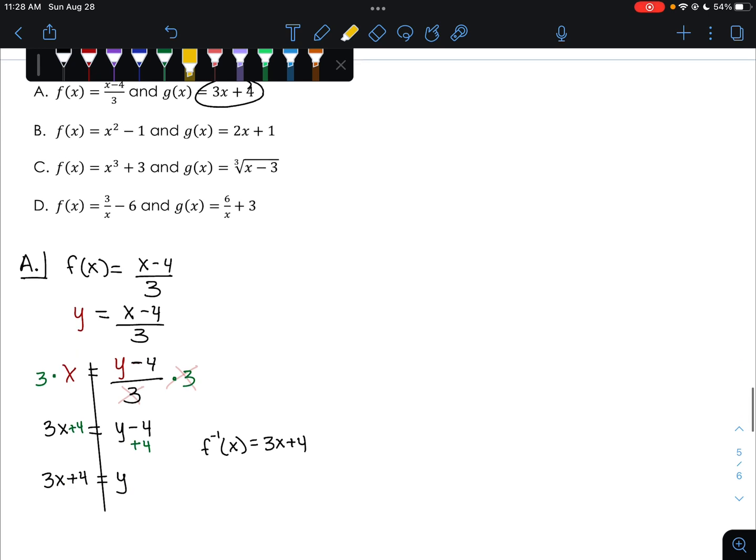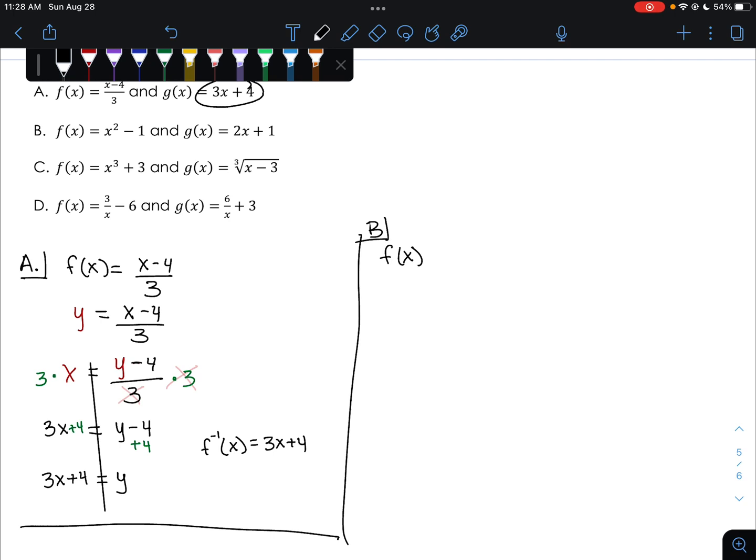Okay, moving on to B. So we have f of x, and this is for B, f of x equals x squared minus 1. I change my f of x to a y.